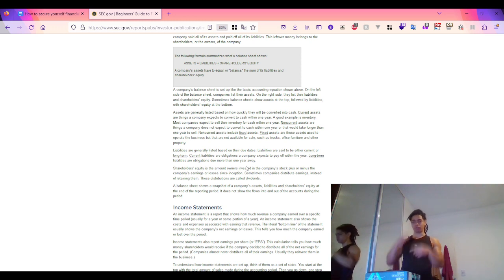So that's the whole point of this. This section helps investors see how the company is raising funds and where the sources of capital are coming from.